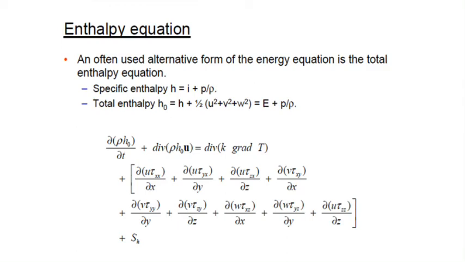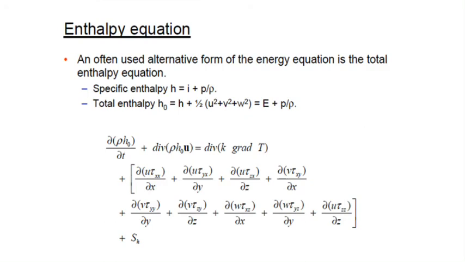So after substituting, what will you get? h naught is equal to I plus P by rho plus 1 by 2 u square plus v square plus w square. We know that I plus 1 by 2 u square plus v square plus w square is the energy E. So instead of that, substitute E, and the remaining is P by rho. So that is your total enthalpy. Instead of E plus P by rho, substitute h naught in the previous equation.